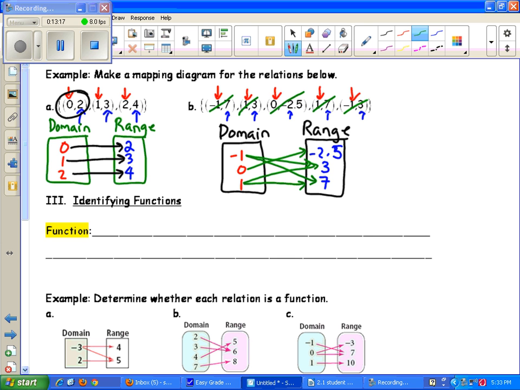So why do we do these mapping diagrams is the question. It's because we're concerned about things that are called functions. So you're asking yourself, what is a function?